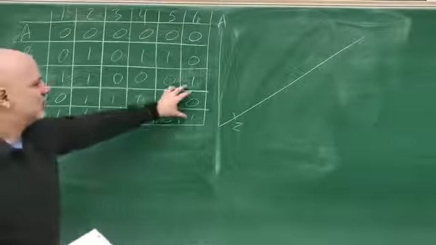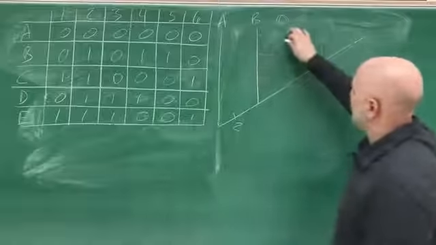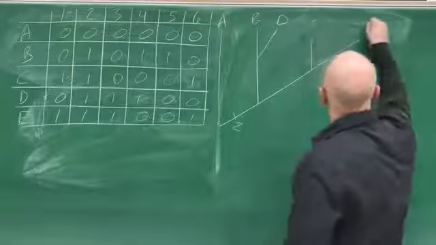So now I'm going to separate this. We're going to have this group here and another group down here, and I'm going to make an offshoot here. Let's put B and D here. It doesn't really matter whether you put B and D here and C and E here.